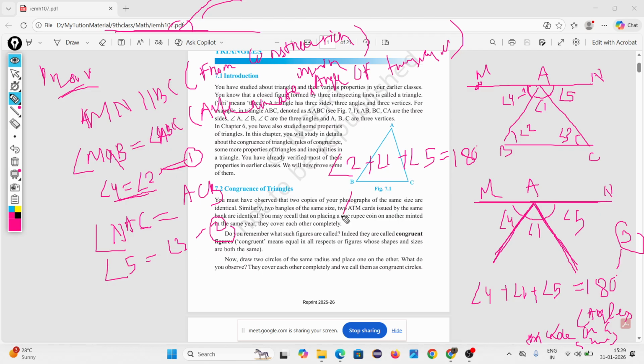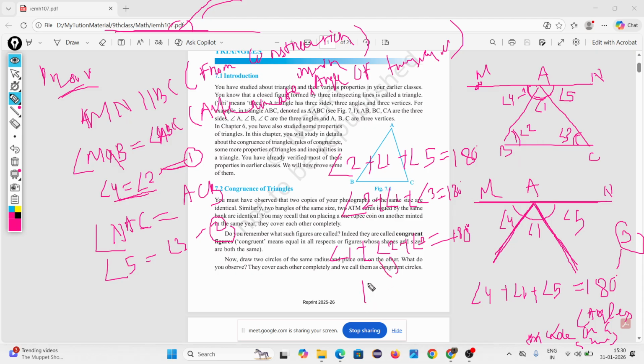Then angle 1 plus angle 2 plus angle 3 equals 180, that is what we are trying to prove, because angle 1 is ABC. Look, the interior angles.